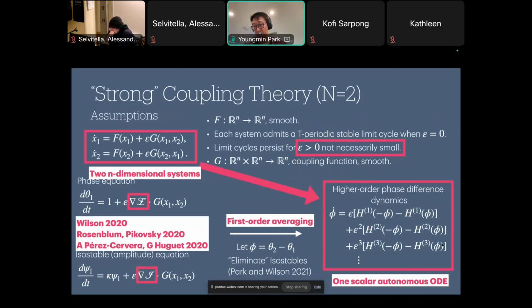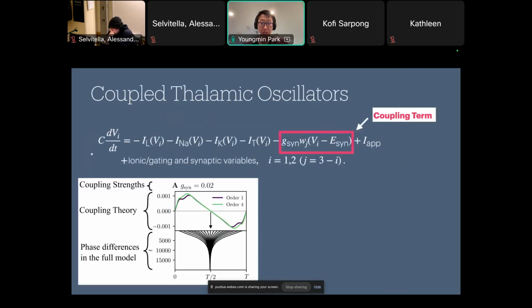And again, there's a lot of potential for generalizations here. But let me show you how this method performs. So in the weak coupling case, both the classic theory, which is order 1, and my proposed method, which I'm showing to order 4, they coincide. They show the same stable fixed point at pi/2.